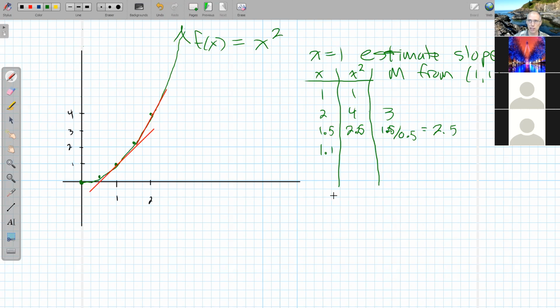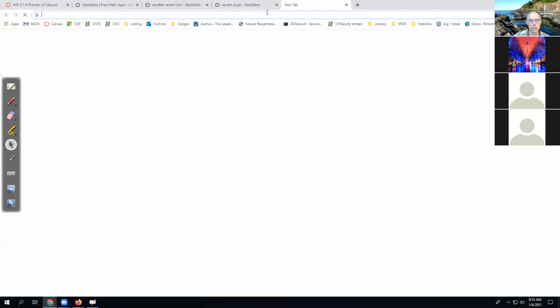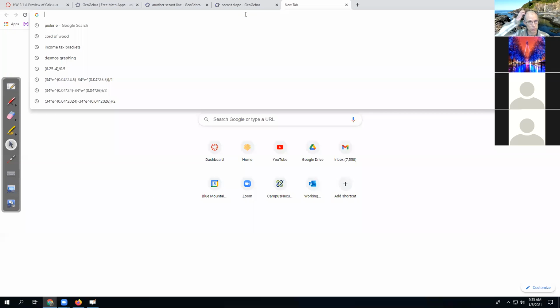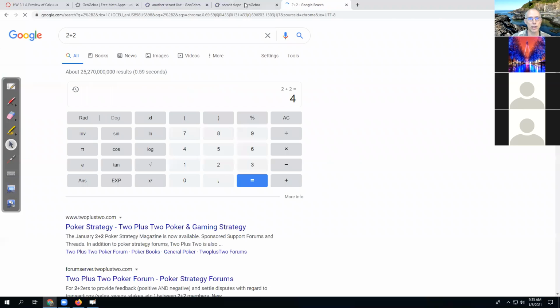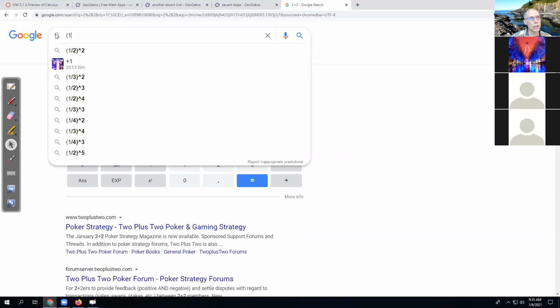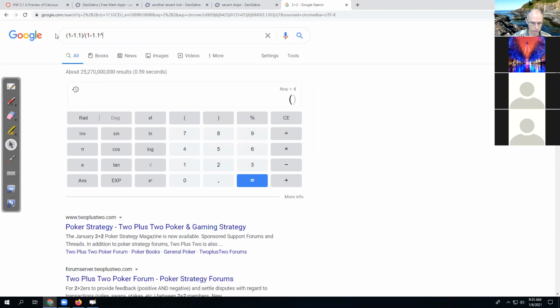So now I need a calculator to help me out with this. And given the repetitive nature of these calculations, a spreadsheet would be a good way to go, so I'll show that later. So let's bring up the Google calculator. I want to know what is (1.1 squared minus 1 squared) divided by (1.1 minus 1).